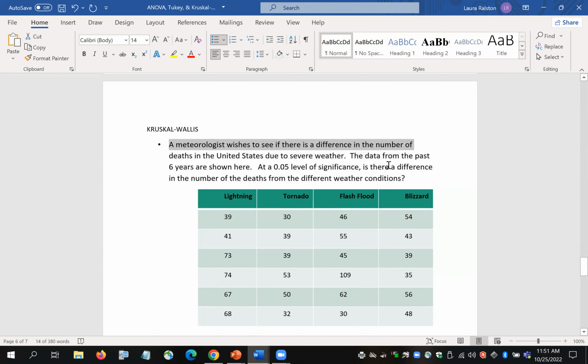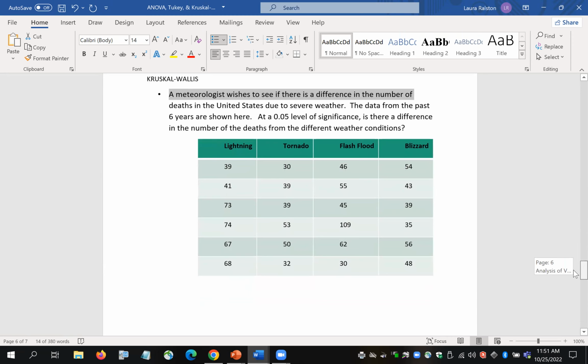The data from the past 6 years are shown here. At a 0.05 level of significance, is there a difference in the number of deaths from the different weather conditions? If you look at this table, you have information about deaths related to lightning, tornadoes, flash flood, or a blizzard.